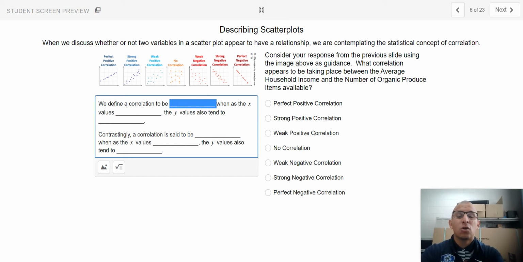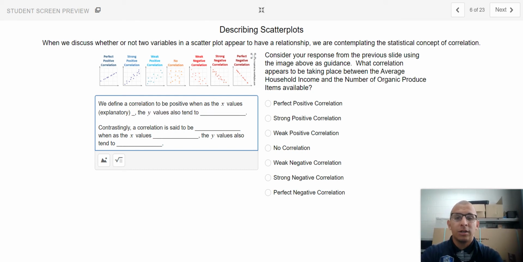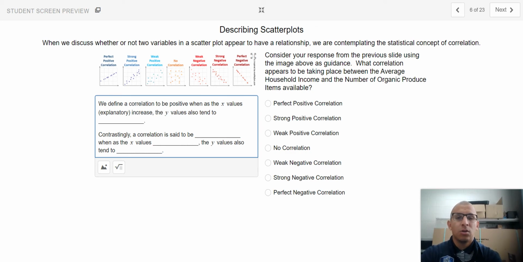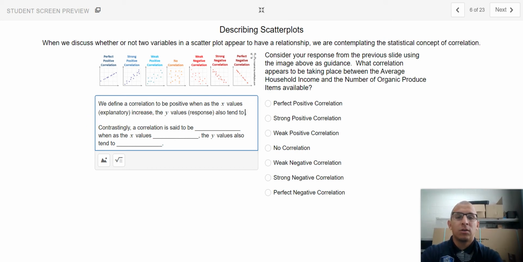We define a correlation to be positive when, as the x values, the explanatory variable, increase, the y values, the response variable, also increase.